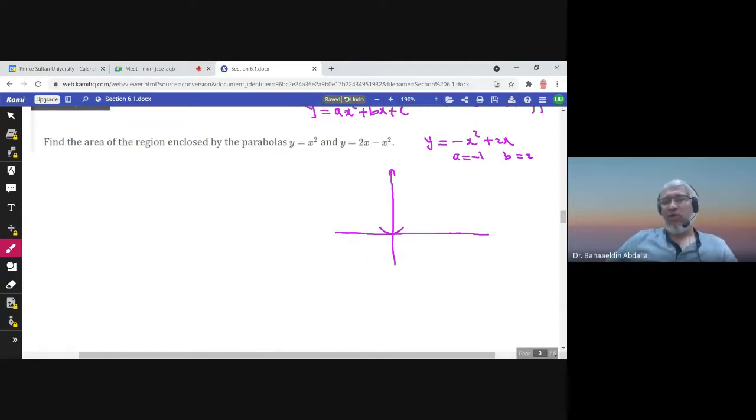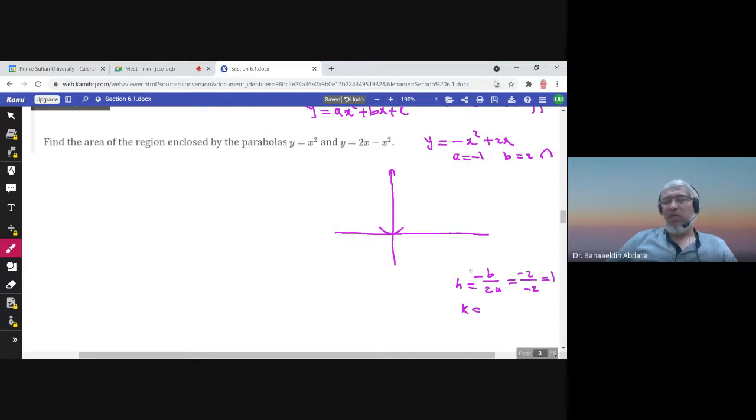So this parabola opens downward. To find the vertex of the parabola, h is negative b over 2a. b is 2, so it's negative 2. a is negative 1, so 2 times negative 1 is negative 2. So h is 1.